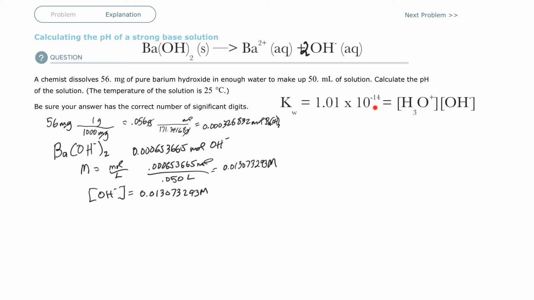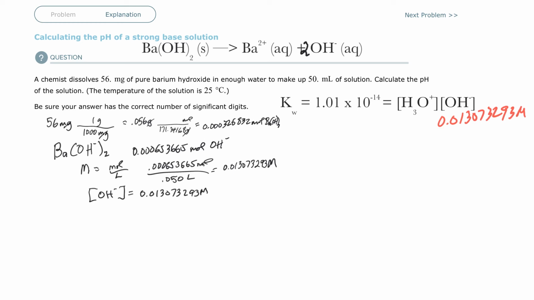And that number also is the product of the two concentrations of hydroxide and hydronium. Well, we have the molarity of hydroxide, 0.013073293 molar.